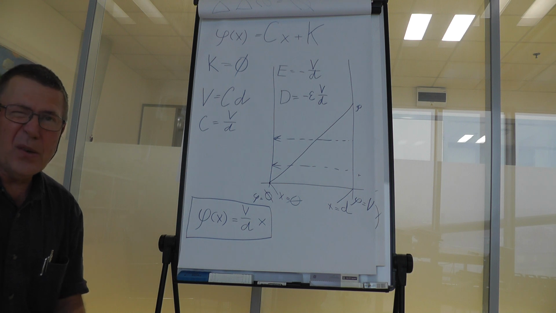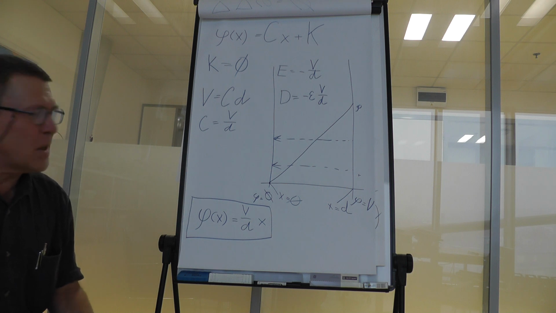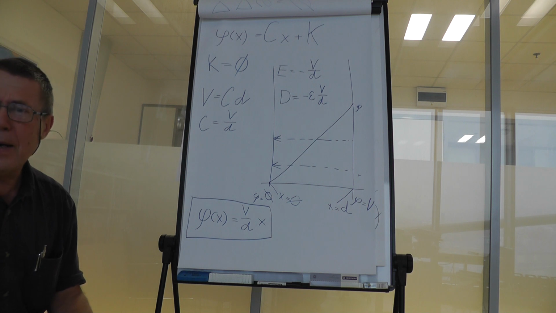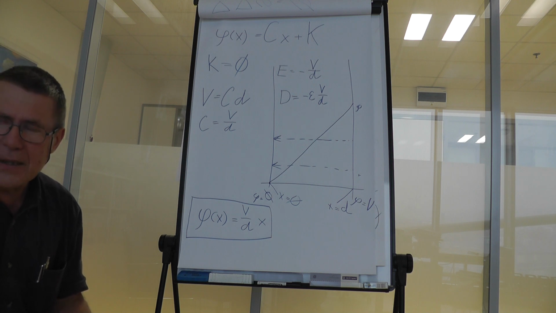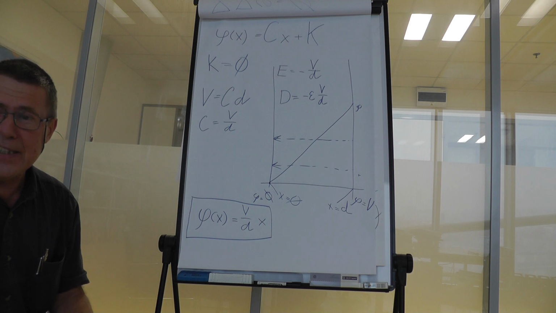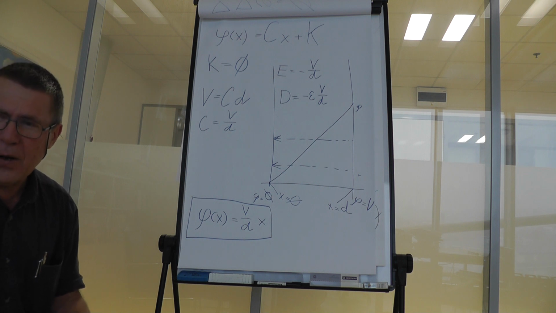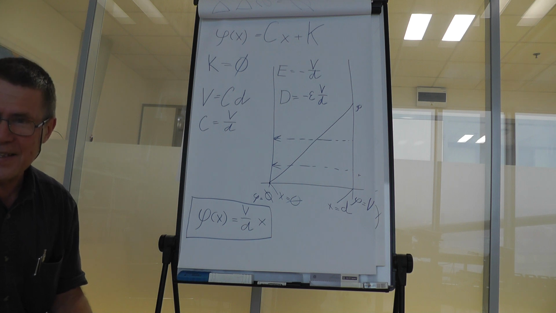I would like to draw attention that we have been solving a differential equation, and we did it in the way that we first have found a solution including constants.